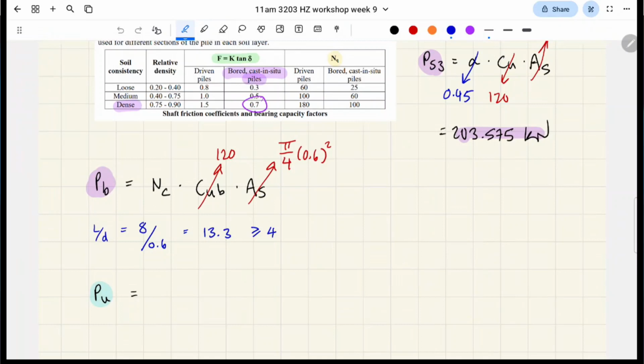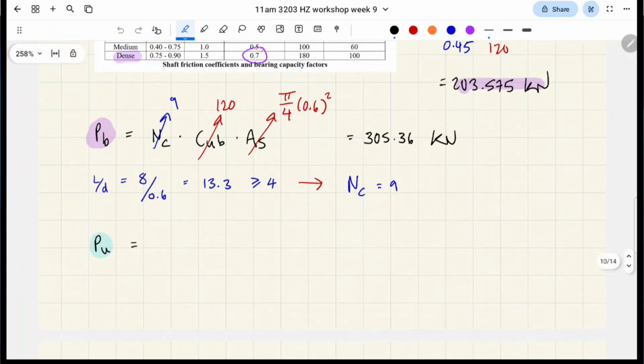That's greater than 4, so we know we don't have the stubby case. We don't have a super stubby pile, in which case our Nc factor is our normal number, which is 9. Makes sense? So we sub in 9 for this, giving us that Pb is 305.36 kilonewtons.